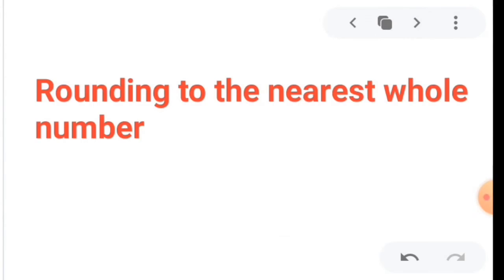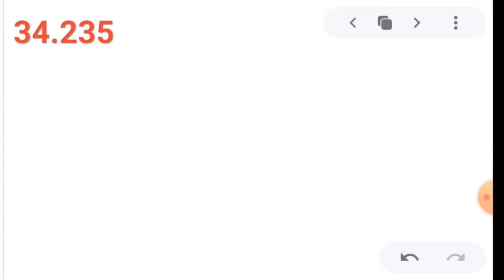Now let's go to rounding numbers to the nearest whole number. The nearest whole number is the number just before the decimal point. Now we have, in this case, the number just before the decimal point is 4.